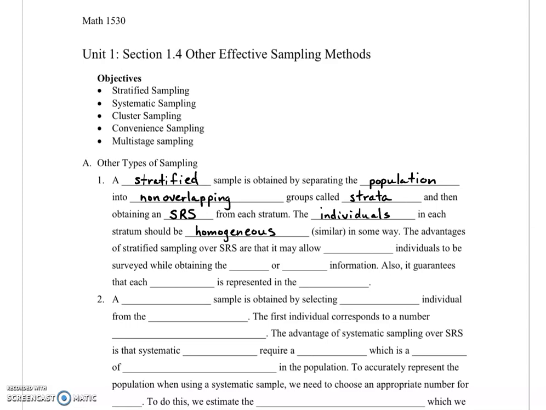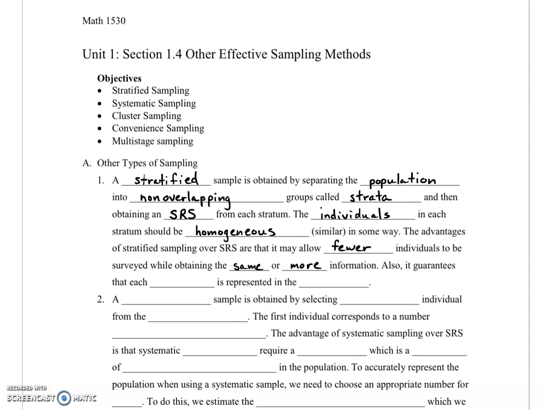So the advantages of stratified sampling over regular simple random sampling is that it may allow fewer individuals to be surveyed while obtaining the same amount or more information than the simple random sample would give us.